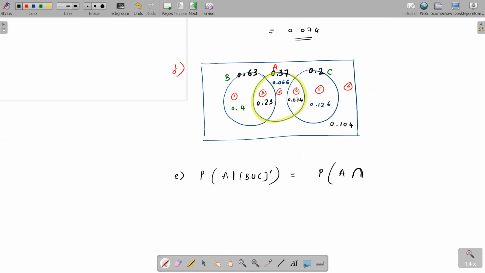Probability A intersection B union C dash, divided by the probability of the given that part, so B union C dash. Is that okay, children? Can you all confirm with me?